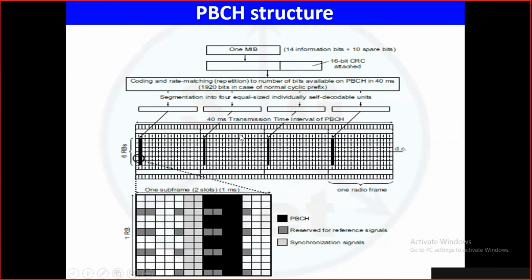It comes every 10 milliseconds, every frame it comes, but I don't say the periodicity is 10 milliseconds. The periodicity is 40 milliseconds. The same MIB is transferred everywhere in this coding, and the same pattern goes every 40 milliseconds. But your MIB might change every 40 milliseconds. This coding process repeats every 40 milliseconds, so your MIB content might change.